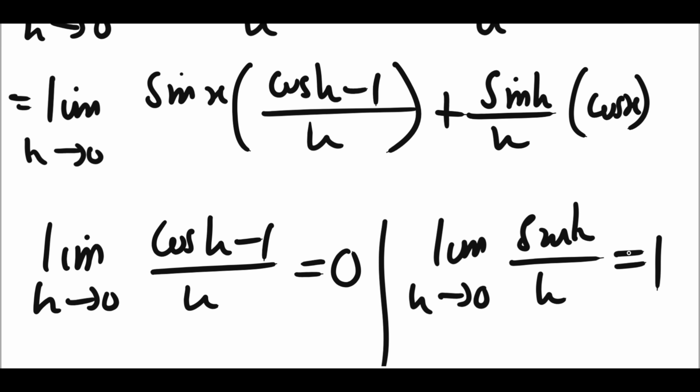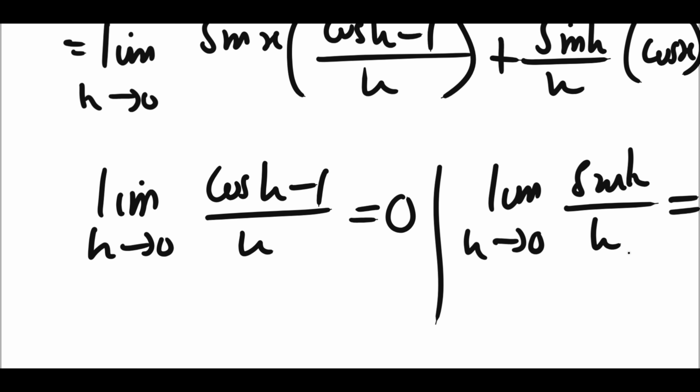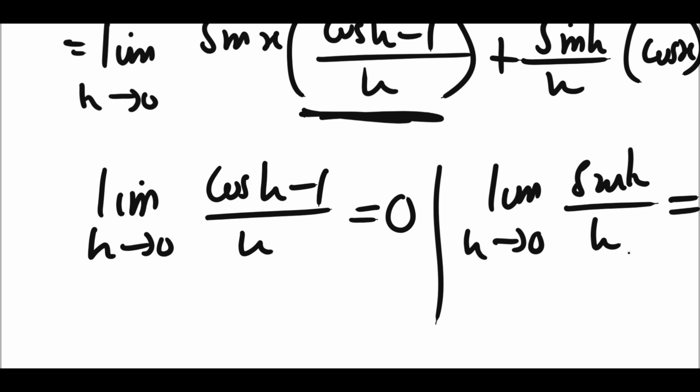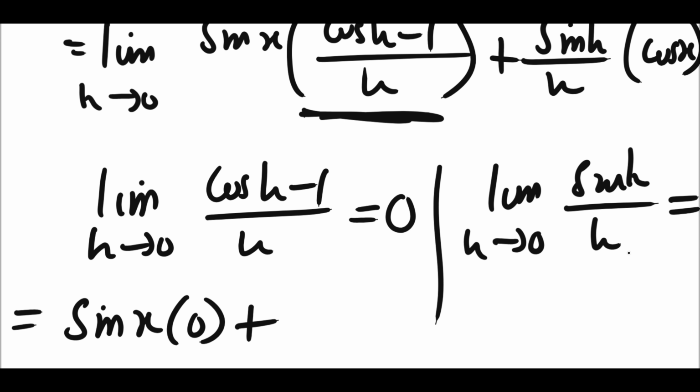So it means we are going to substitute. When you take the limit of this particular expression, you are going to get the result to be 1. So it's going to be everything equal to sine x times 0, then plus sine h over h as h approaches 0 will be equal to 1.